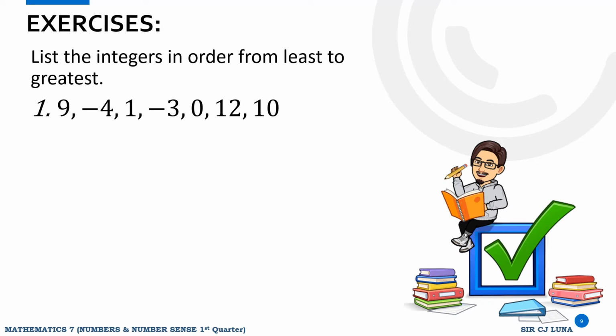Anybody who can arrange our integers in order from least to greatest? Okay. Very good. That's correct. So our integers will be arranged like this. Negative 4, negative 3, 0, 1, 9, 10, 12. You got it right. Meaning, our least integer is negative 4. And the greatest integer is positive 12 with our given integers for number 1.